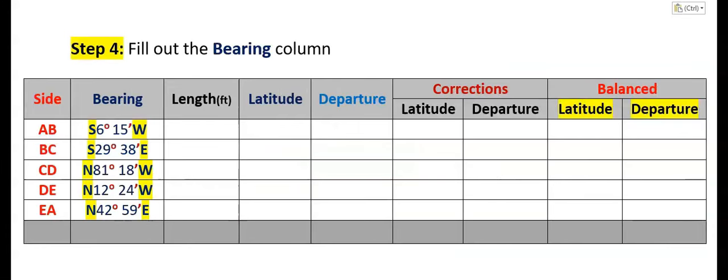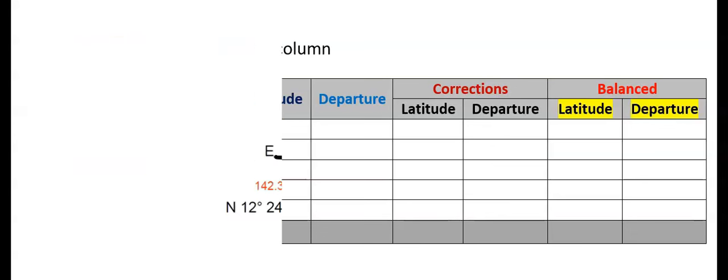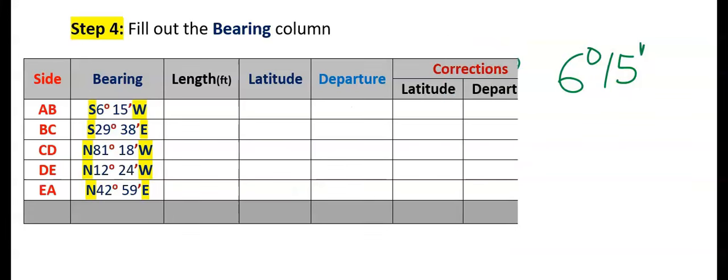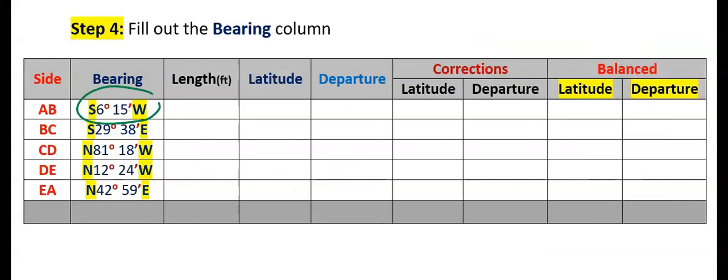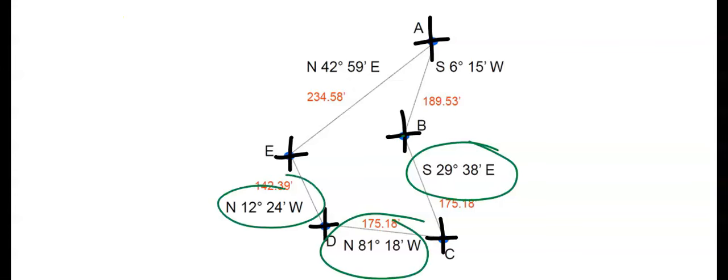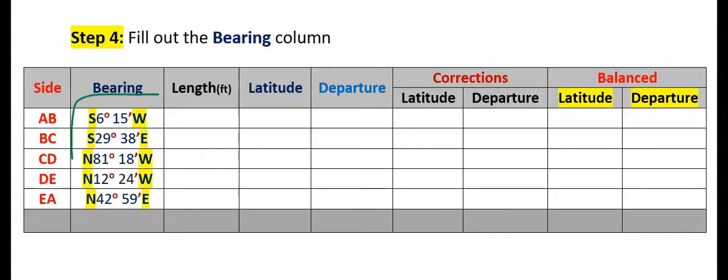Step number 4, fill out the bearing column. A to B is south 6 degrees 15 minutes, which is represented from A to B. Next, you fill out other stations respectively, which are all this.